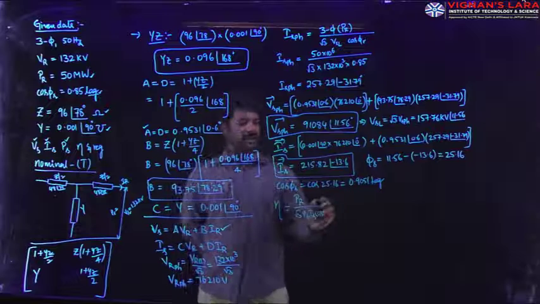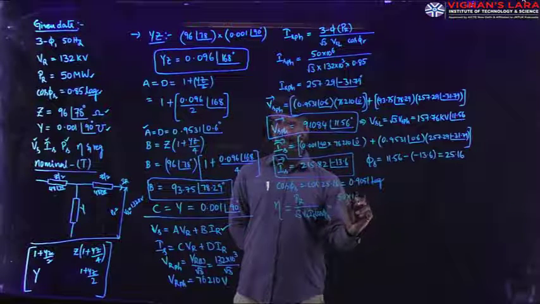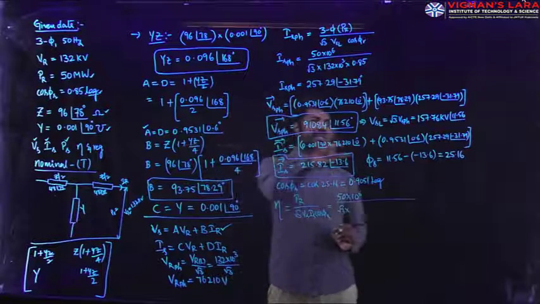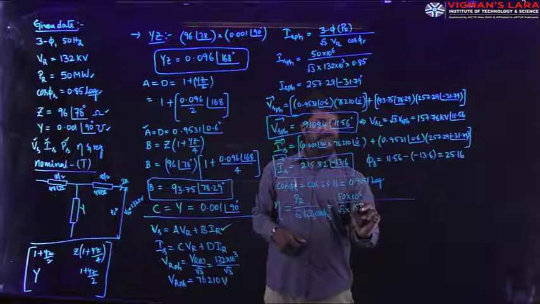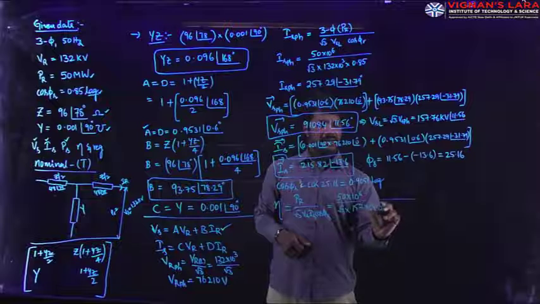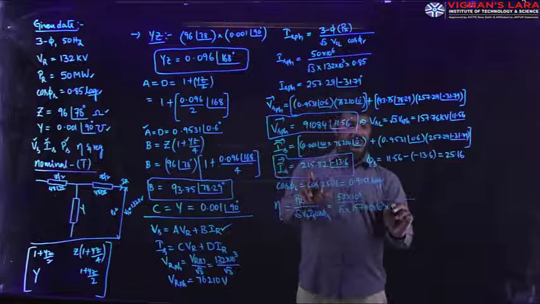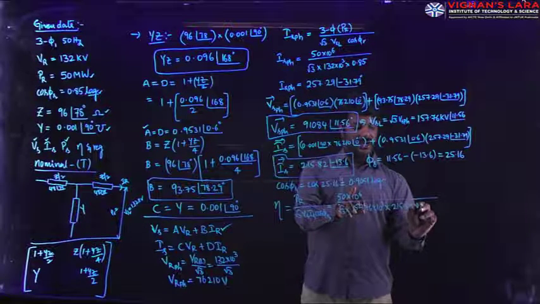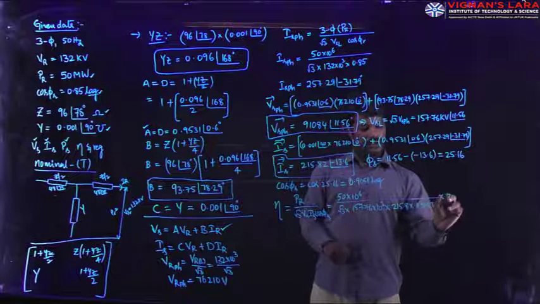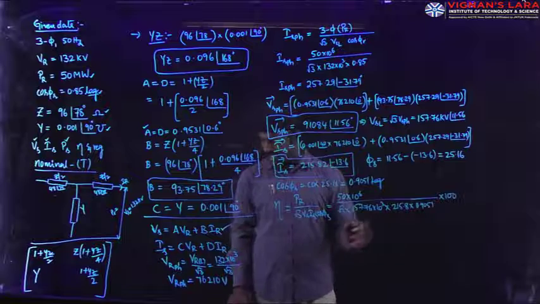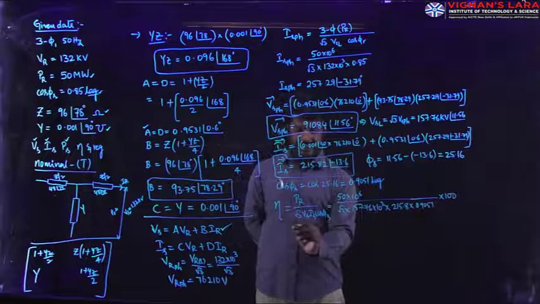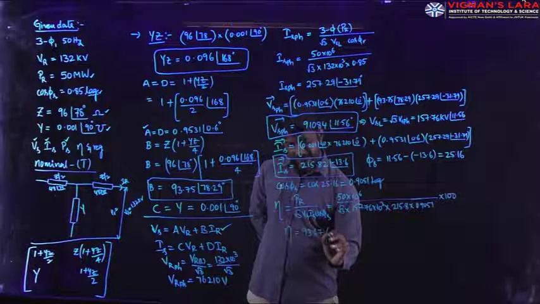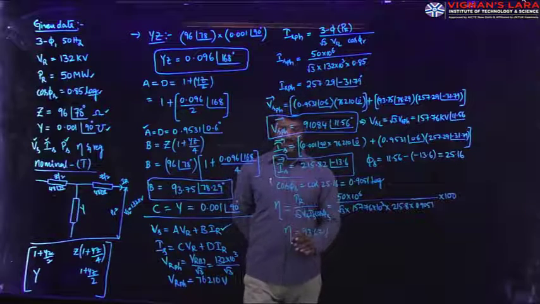Its value will be receiving end power 50 megawatts, 50 into 10 power 6, divided by root 3 times the sending end line value, which is 157.76 kV, multiplied by Is 215.8, multiplied by cos phi 0.9051, into 100 gives the percentage efficiency as 93.67%.